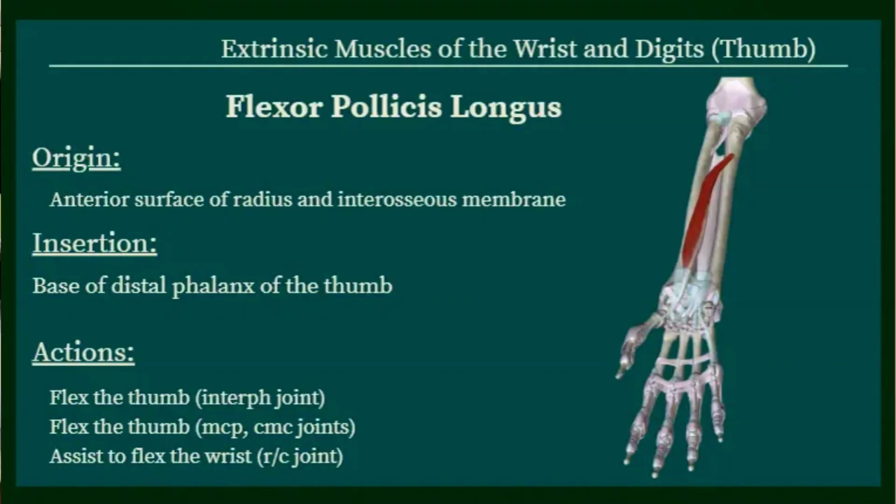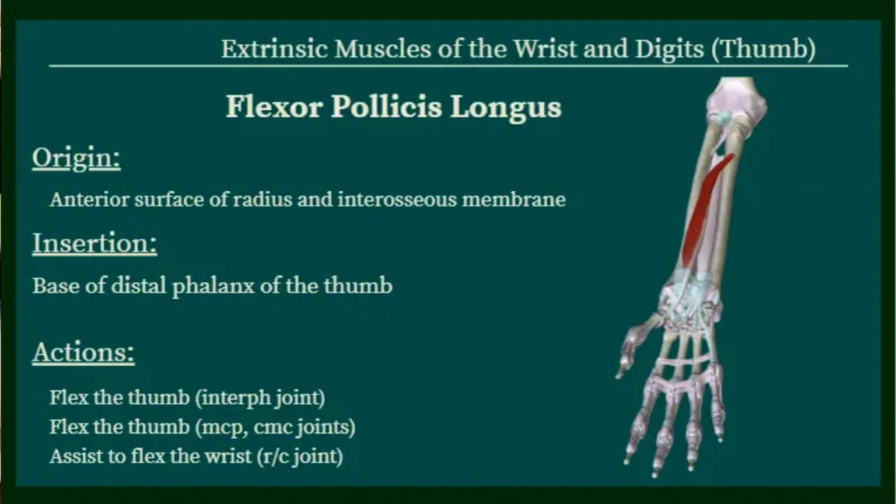And then going from extension and abduction to flexing, which is this way, the muscle is going to be on the anterior surface. It attaches to the radius, this side, and interosseous membrane, and it pulls your thumb inward by attaching to the base of the distal phalanx down here.